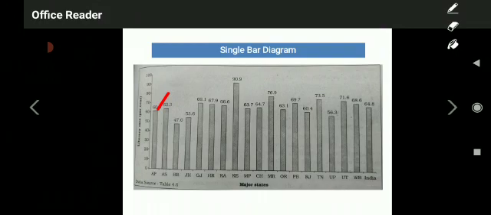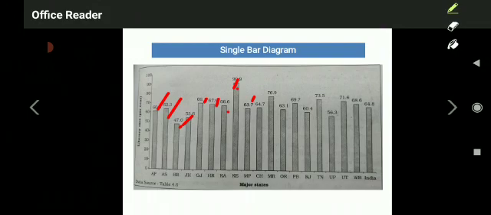That rectangle explains very clearly the exact rate of literacy in that particular state. Like that, we have drawn the literacy rate percentage of the different states with the help of these rectangles.